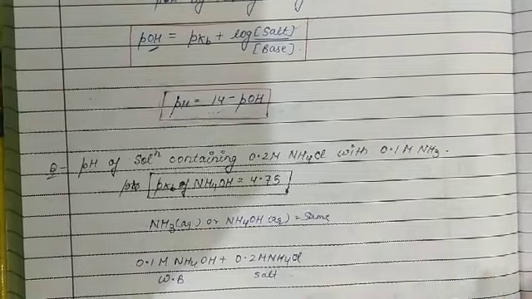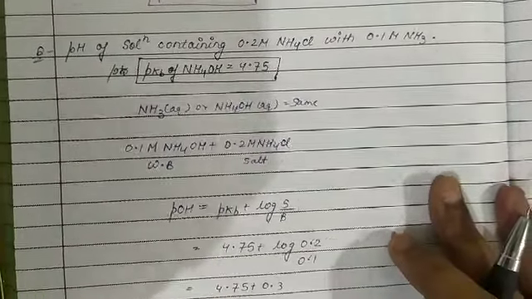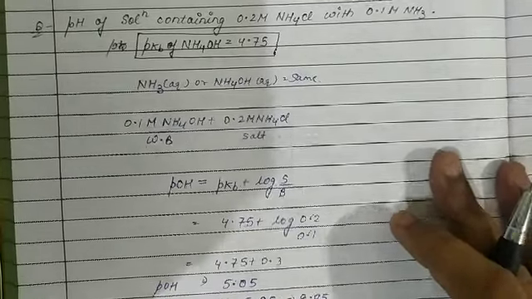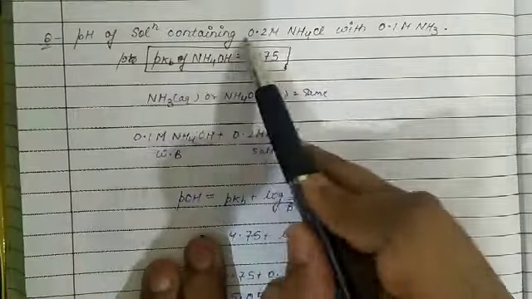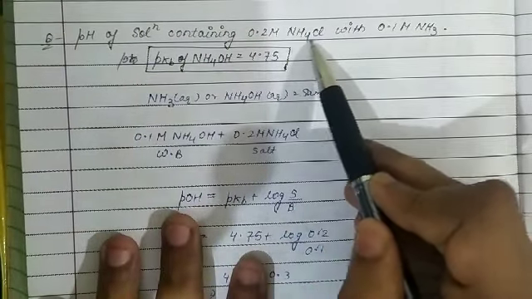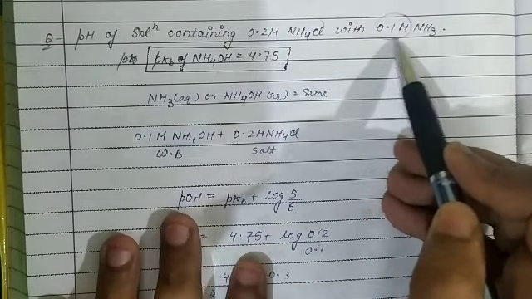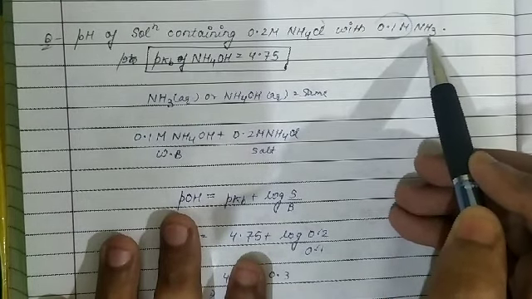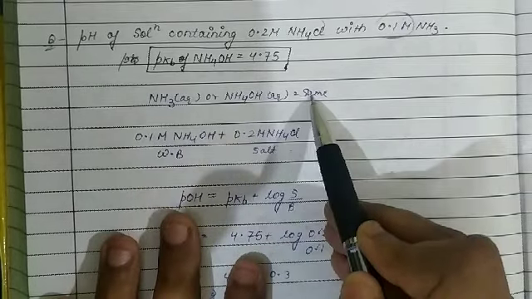Now see the question. We have to find the pH of a solution containing 0.2 molar NH4Cl and 0.1 molar ammonia. Aqueous ammonia solution is basically NH4OH, so NH3 aqueous or NH4OH is the same.